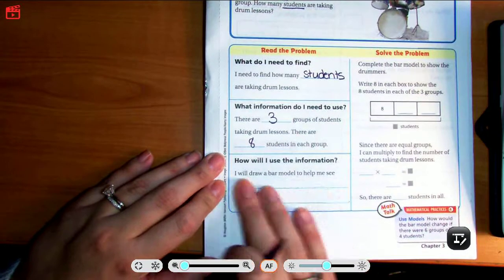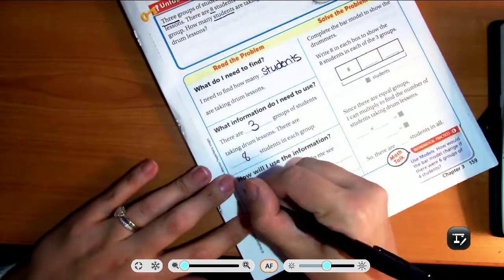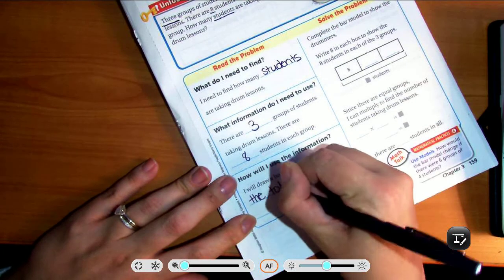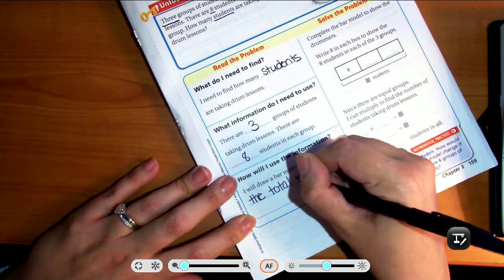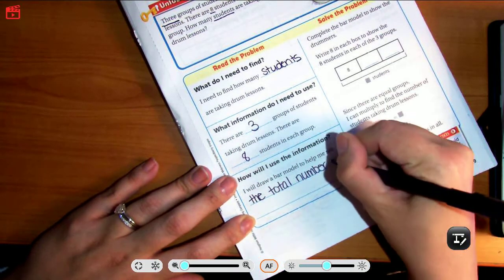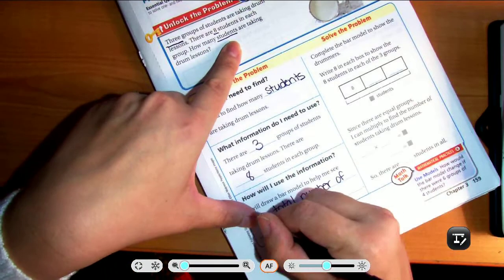I will draw a bar model to help me see the total number of, what are we trying to find again? Students.